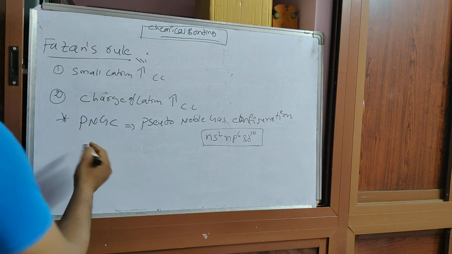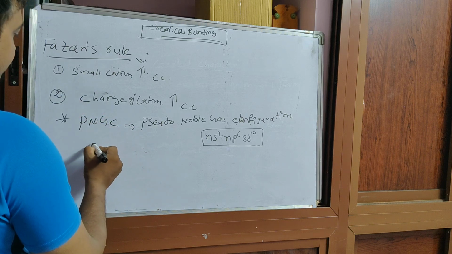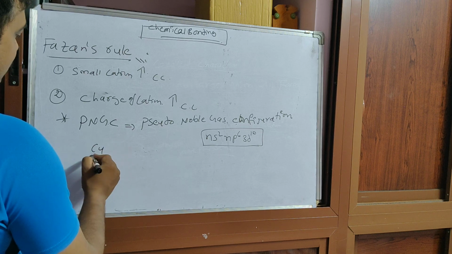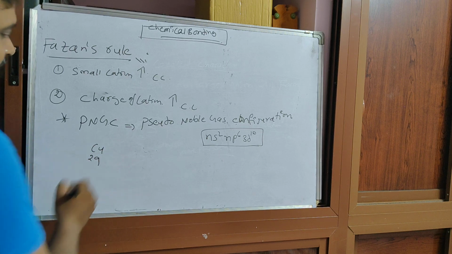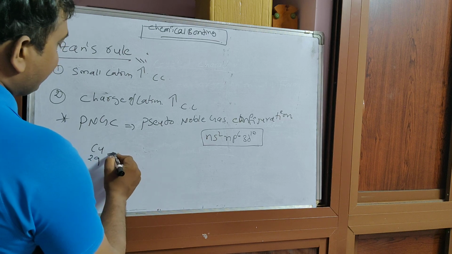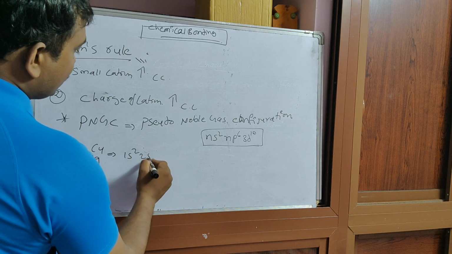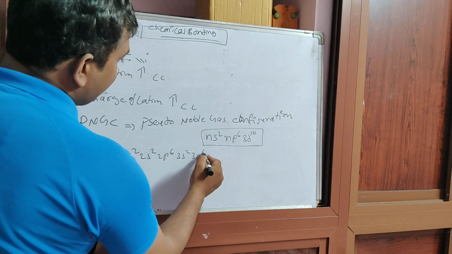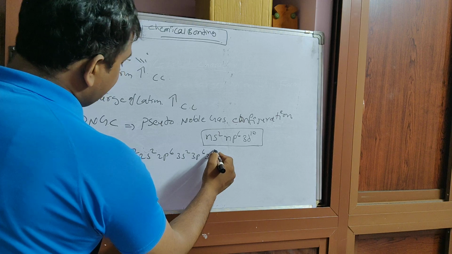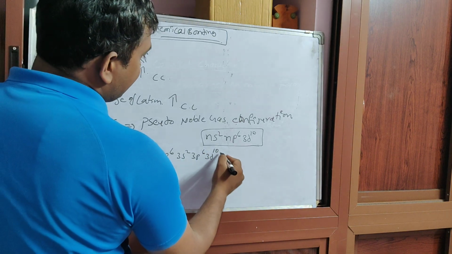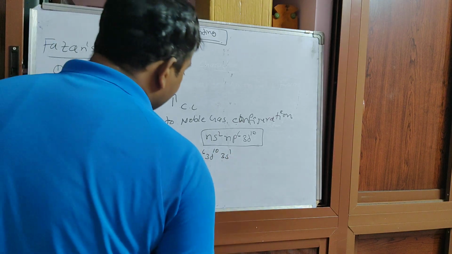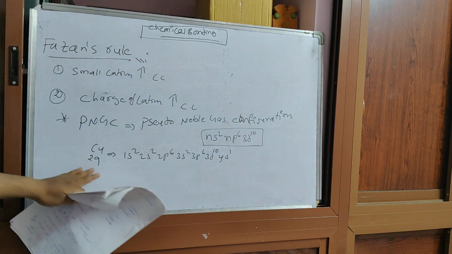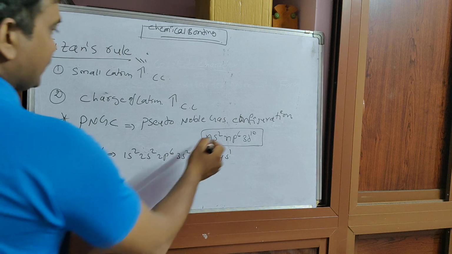For example, if you take copper, atomic number is 29. The electronic configuration is 1s2, 2s2, 2p6, 3s2, 3p6, 3d10, 4s1. This is the copper electronic configuration.